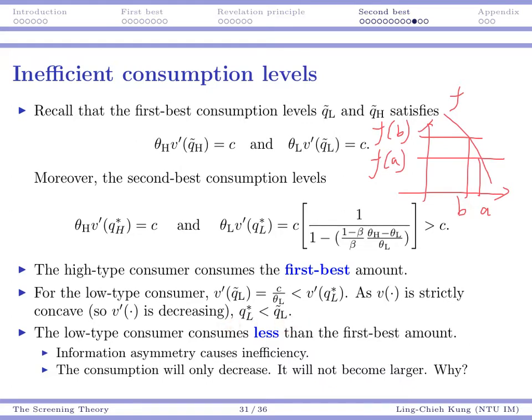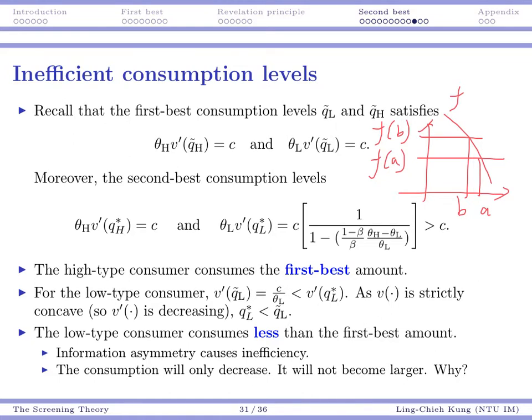So the high type consumer will still get the first best amount, but the low type consumer will only get something that is less than the first best amount. Okay, so that means our second best solution and the first best solution are different.